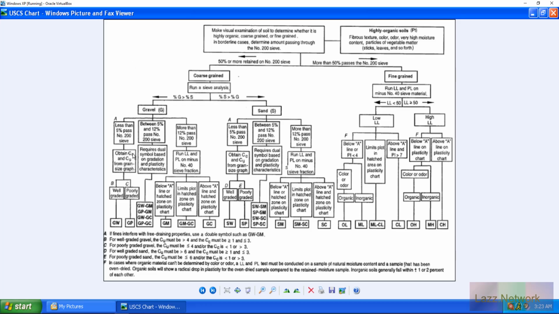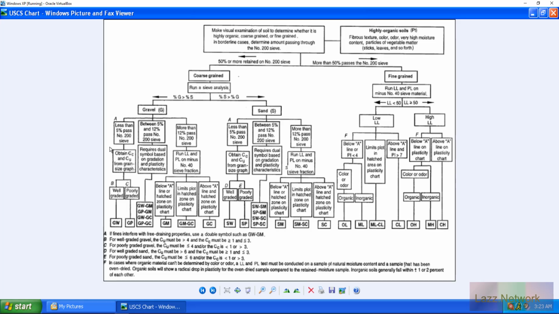Where then from here, when we do our sieve analysis, we can get values for Cc and Cu from our grain size graph and whatnot, which is more covered in the actual classification ASTM. I think it's D2487, don't quote me on that.